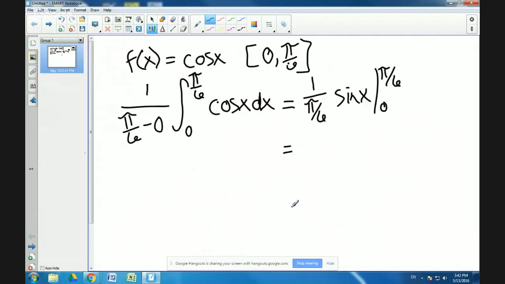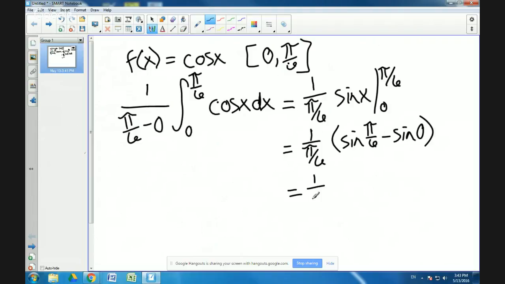So you get 1 over pi over 6 times plugging in your values, sine of pi over 6 minus sine of 0. These are very nice, really easy values to find. Sine of pi over 6 is 1/2, and sine of 0 is just 0.